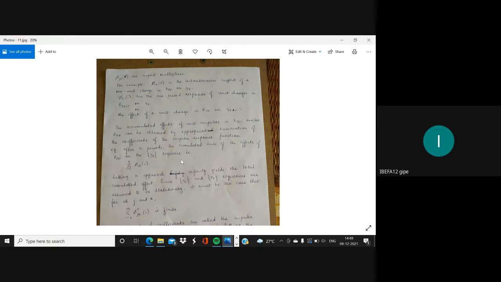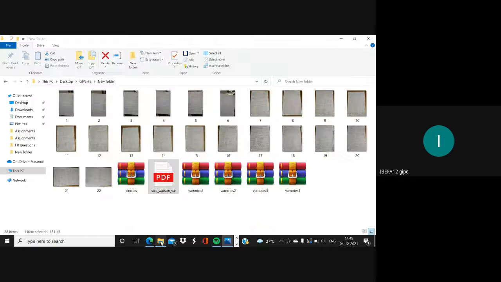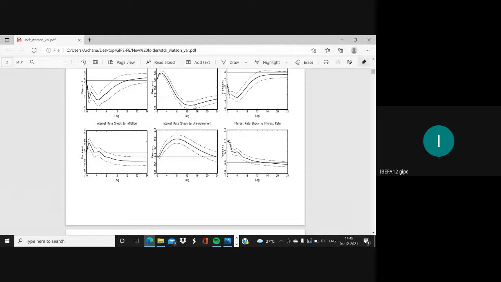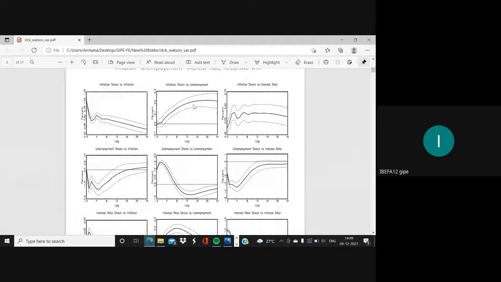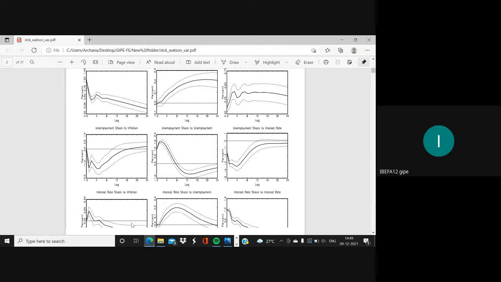I'm not sure that I understand the question very well, but what I can tell you is that whenever we are discussing the IRF, for example, in this first panel, it's a shock to epsilon yt. Here it's a shock to epsilon zt. Here it will be a shock to epsilon wt.